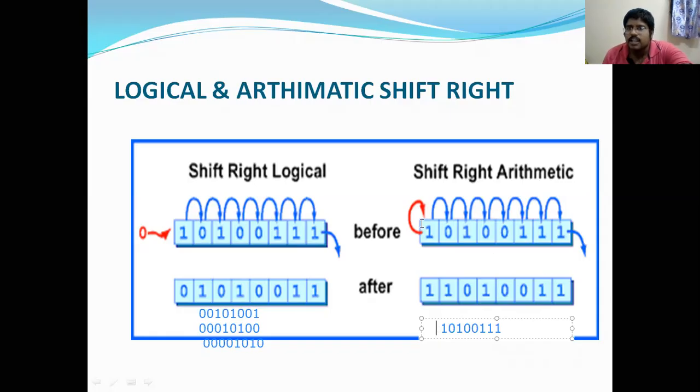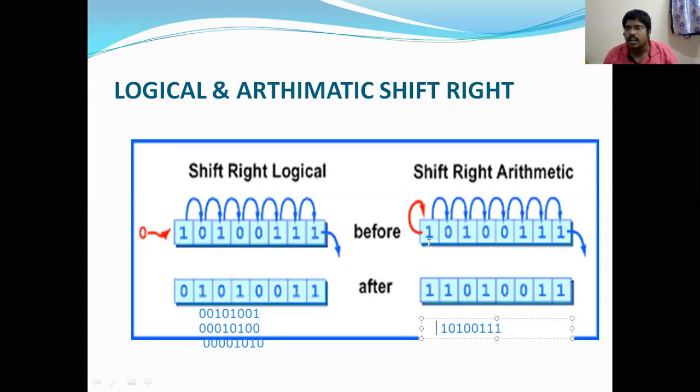But here there is a small variation. What is the variation? We have to fill this location with the value that was present before the shift operation. This is the original value.